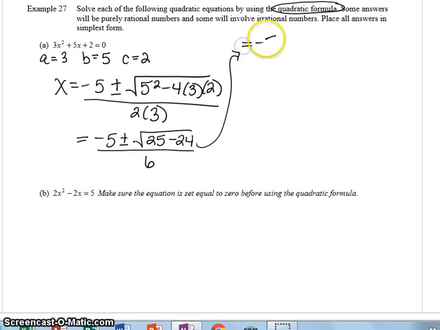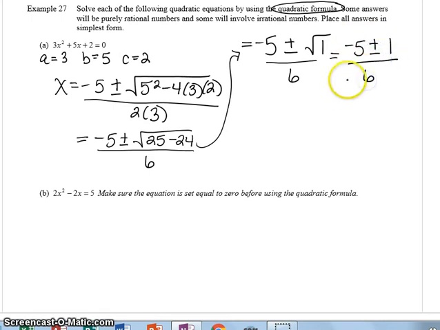So that is going to be negative 5 plus or minus the square root of 1 all over 6. The square root of 1 is 1, so I get negative 5 plus or minus 1 all over 6.